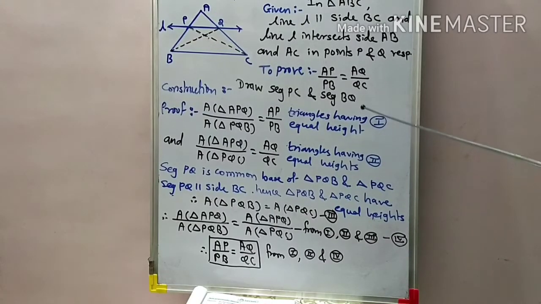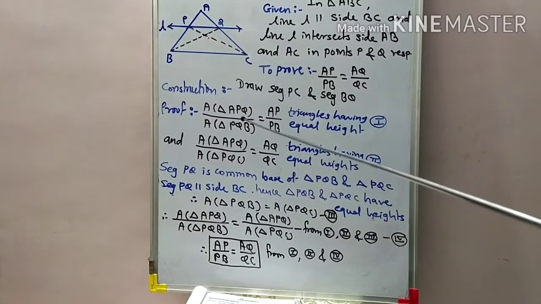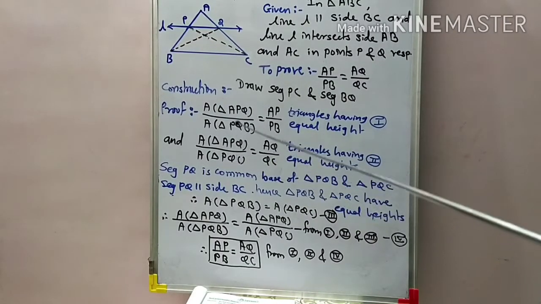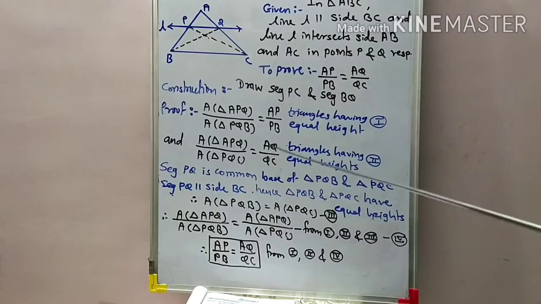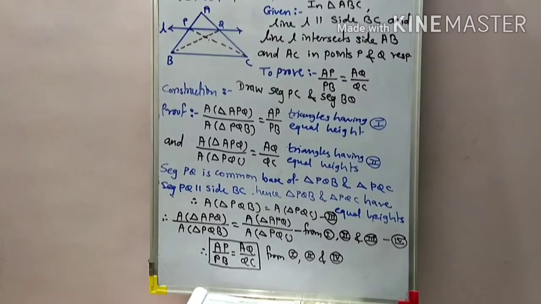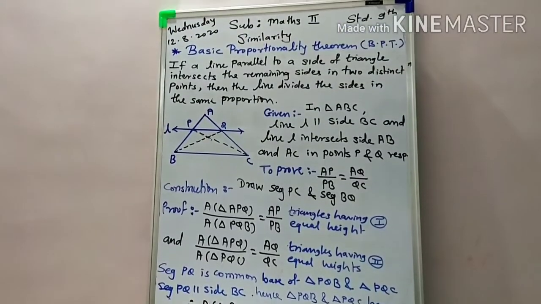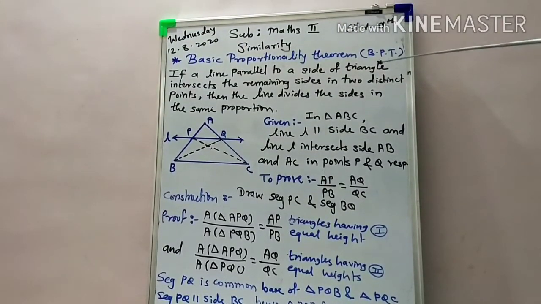And according to the first, second and fourth, we observe that the left hand side part is the same, so we can say the right hand side part is also the same. So here we can write AP upon PB equals AQ upon QC, and in this way we prove this basic proportionality theorem. In short, we can also call it the BPT theorem.